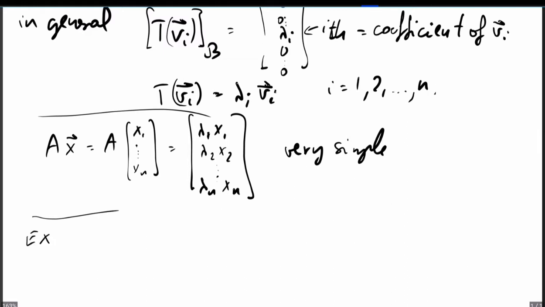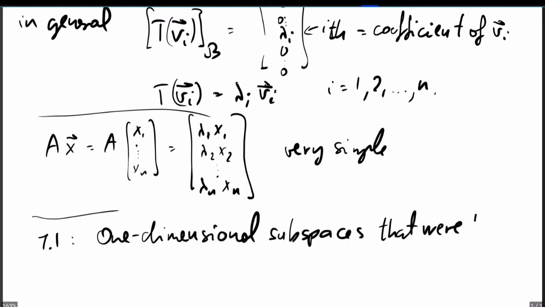For example, in the previous section we had one-dimensional subspaces that were T-invariant.